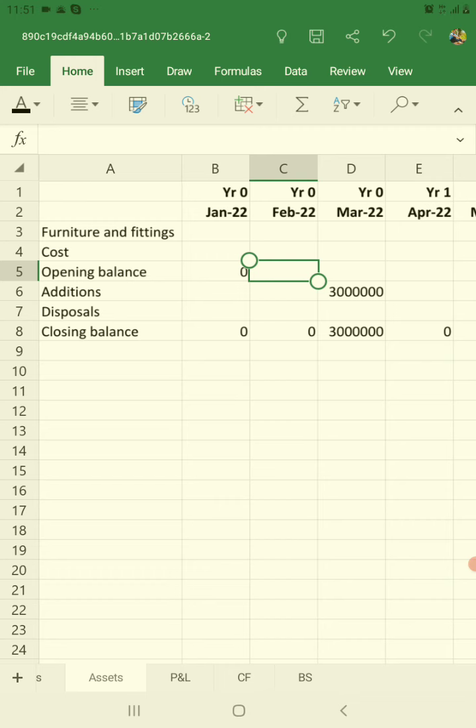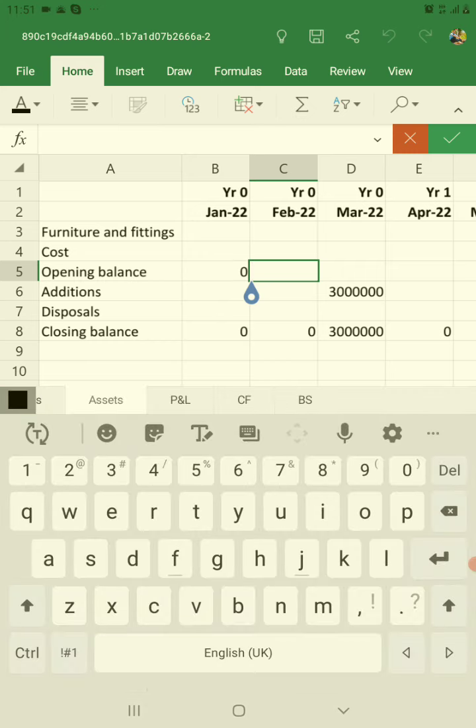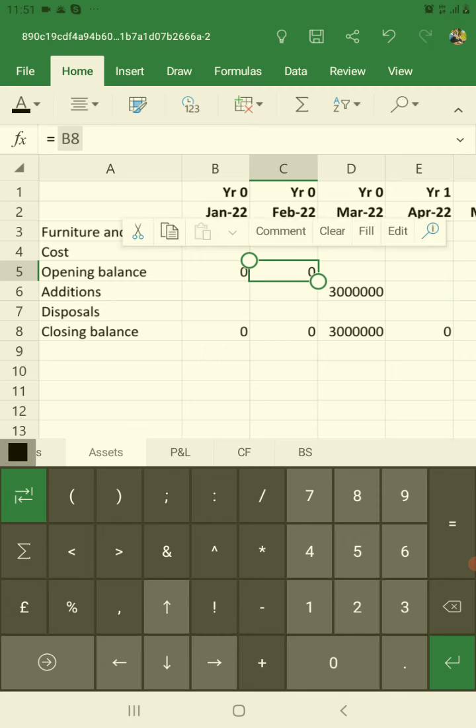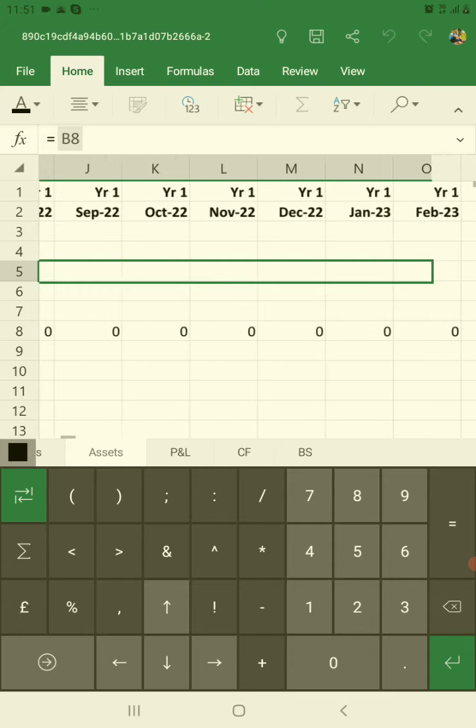So I double tap to open the formula here, start with equal to, and pick closing balance for January and enter as opening balance for February, and tap to fill this because it is true throughout.